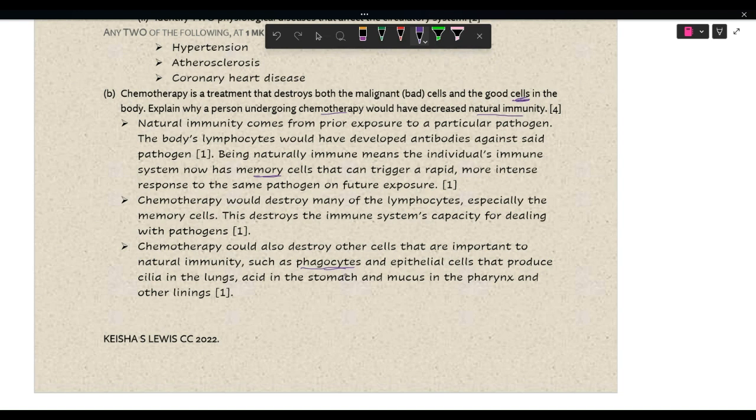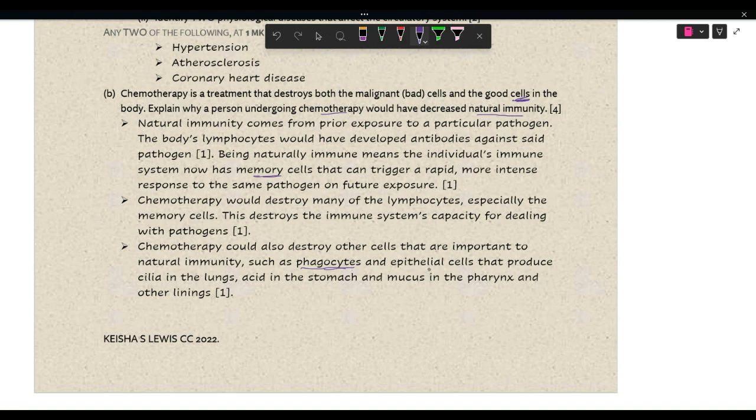And in fact, if we remember, phagocytes team up with lymphocytes, because what some of these antibodies do is cause the pathogens to clump together, and that makes it easier for the phagocytes to come in and consume them. So the phagocytes being destroyed is also going to have an impact on your natural immunity, because they are like the mop-up crew. They will come in and deal with those pathogens, right?